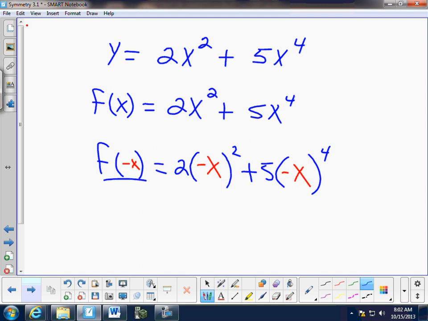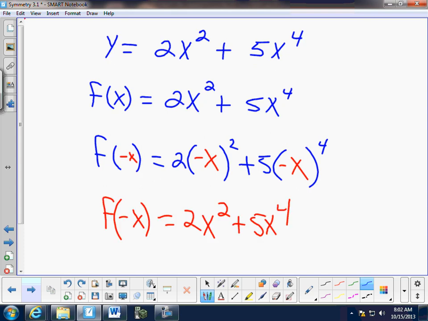So I simply take out the x and replace it with negative x. Well, negative x squared is positive x squared. And negative x to the fourth power, negative x times negative x times negative x times negative x, four of them, right?